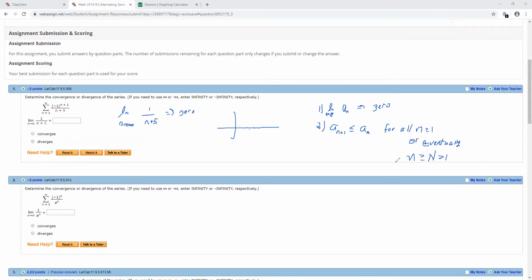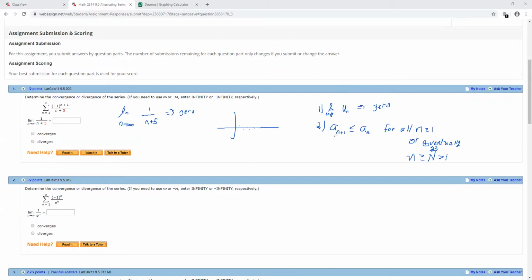That kind of confuses people. So if it doesn't happen starting at 1, then if it starts at 2, well, that's okay. And 2 is greater than 1. So if it doesn't happen until starting with the 3rd term, that's okay too. And if these 2 conditions are met, well, then the series converges.